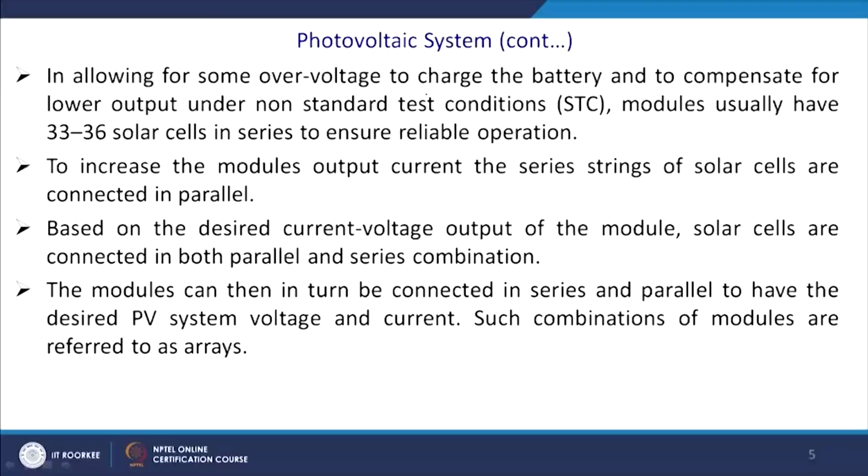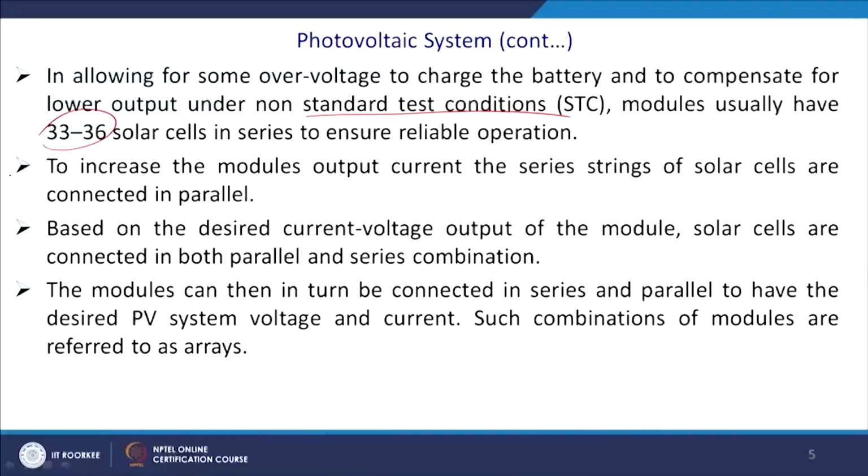So, allowing some of the over voltage to charge the battery and to compensate for the output under non-standard state conditions, that is, we generally prefer 25 degrees centigrade and 1000 watt per meter square radiation. Modules usually have 30 to 36 solar cells in series to ensure reliable operation.